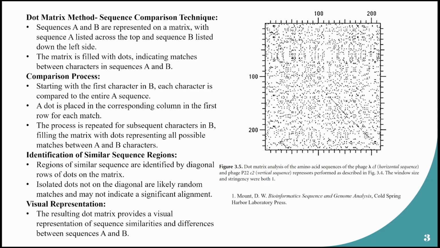Then when you go from simple visualization to calculating scores, you will be introduced to different types of scores, for example match scores, mismatch scores, and so on. Based on those scoring methods, there will be a particular kind of alignment.